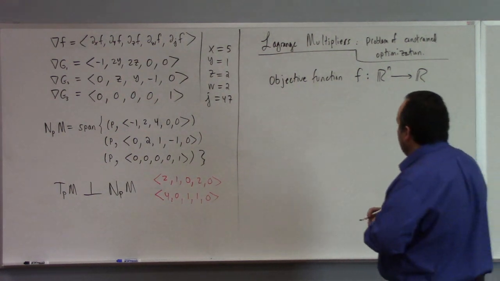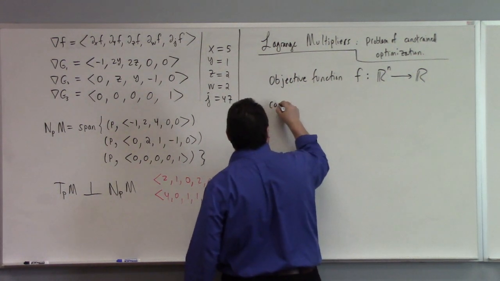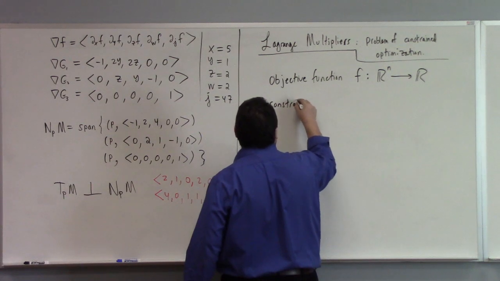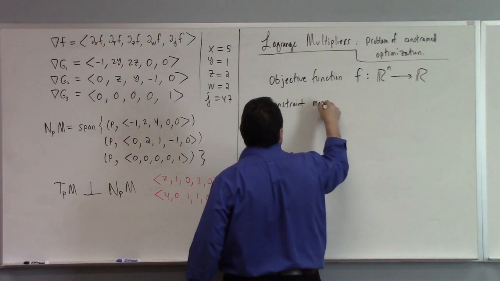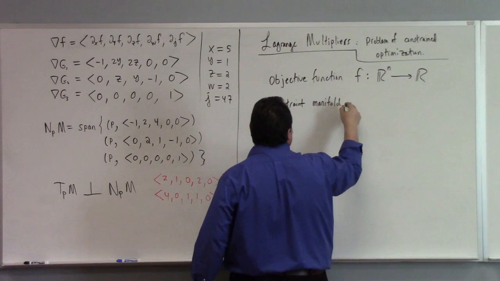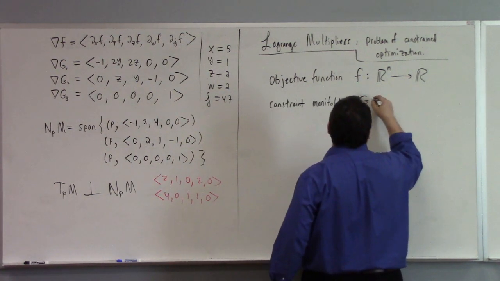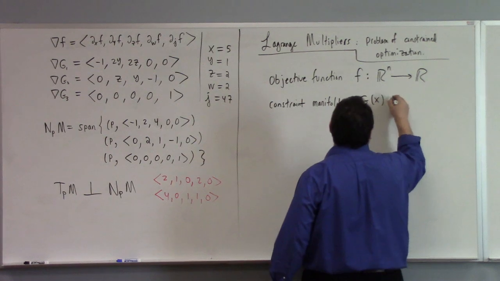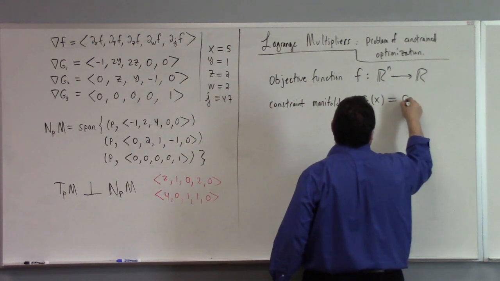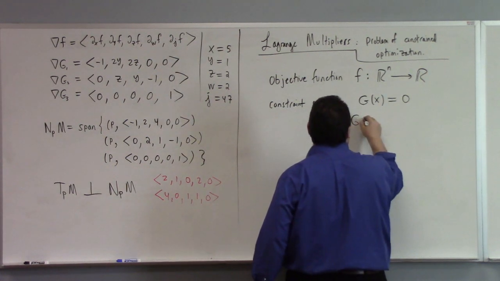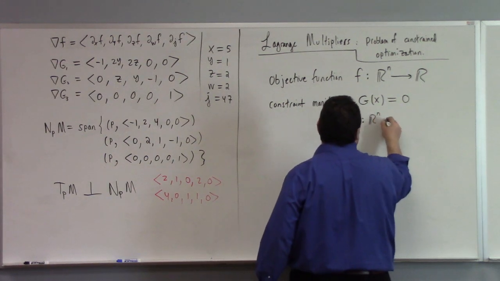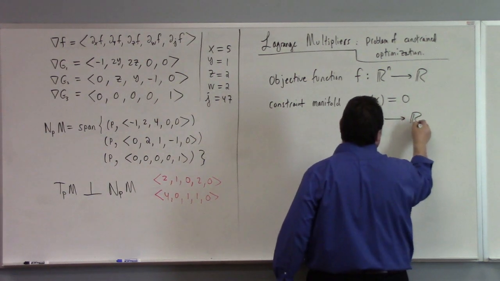But next up, we have some constraint. But this time, it's going to be a constraint manifold. And it's going to be something like G of x, let's say, equals 0. And here G is a mapping, say, from Rn to Rk.